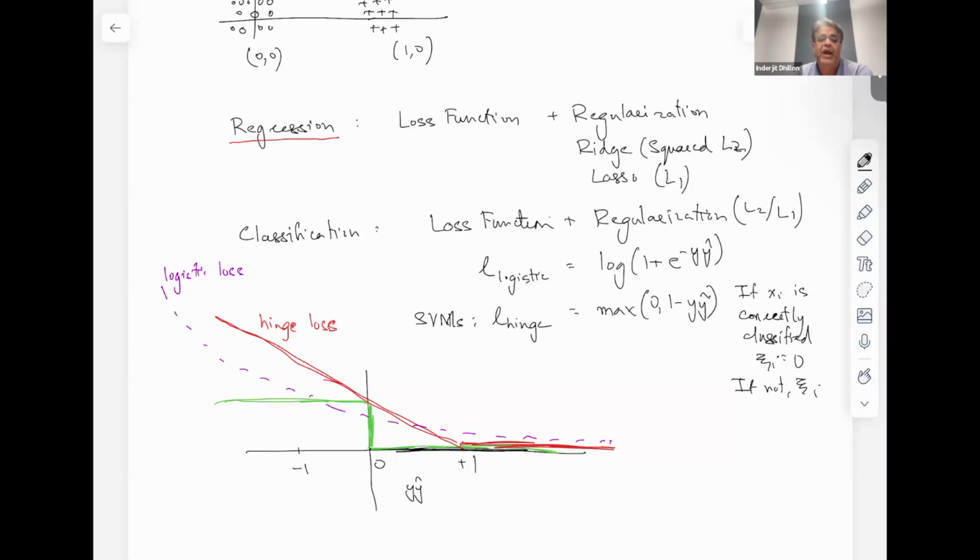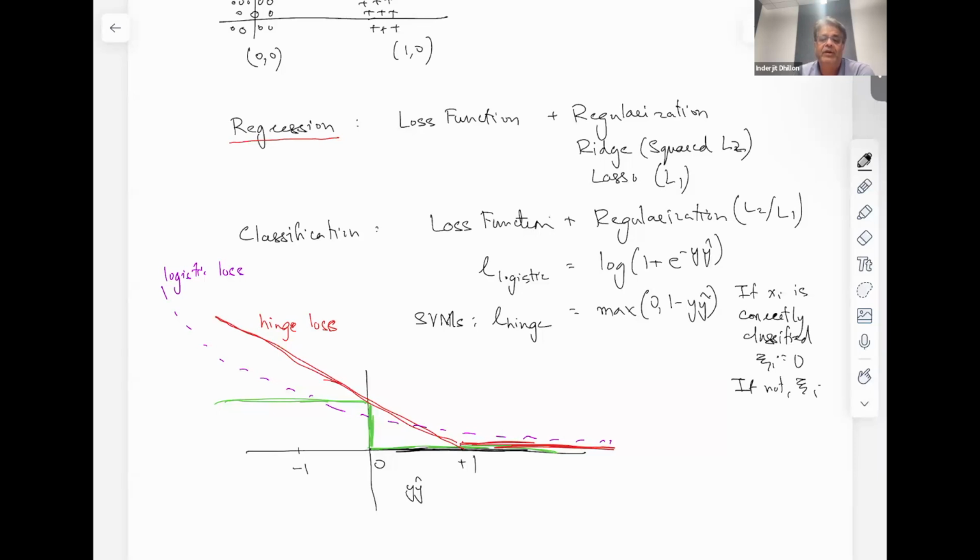So the actual classification loss is like a step function, which is like this. And you can convince yourself that since the psi i's are greater than or equal to 0, you can write the psi i's as the max of 0 and 1 minus yi times w transpose xi plus w naught.